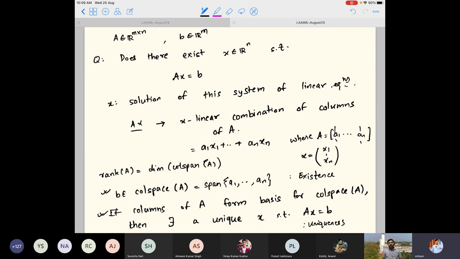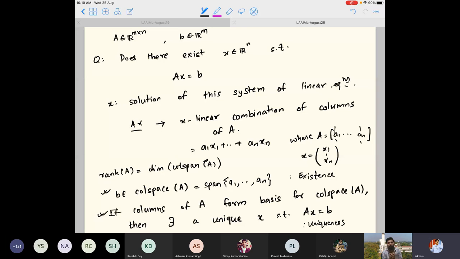You have those conditions, right? That really is saying something about the columns, and uniqueness of the solution is guaranteed by the basis. This is what we were talking about last time.